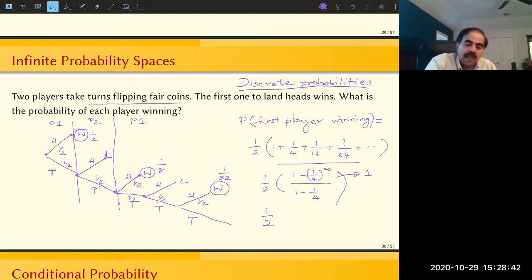So the numerator becomes 1. The denominator 1 minus 1/4 is just 3/4.